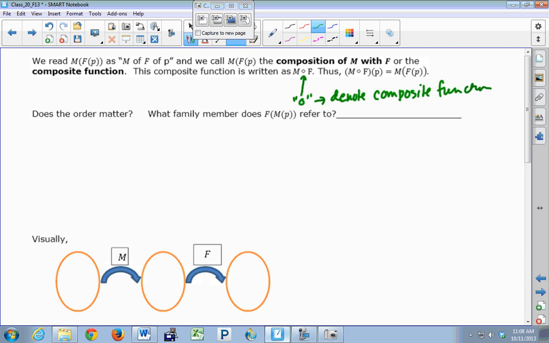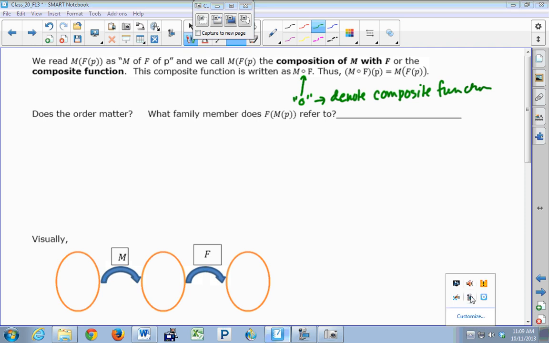Okay. So let's try it the other way. Let's see if the order matters. Mary says no, and nobody else did anything with their head. So what family member does F of M of P refer to? Try that at your seats, and we'll see if it's still the paternal grandmother or not. We got paternal grandmother before, right?